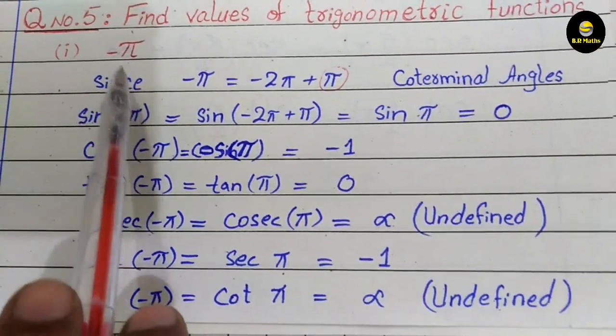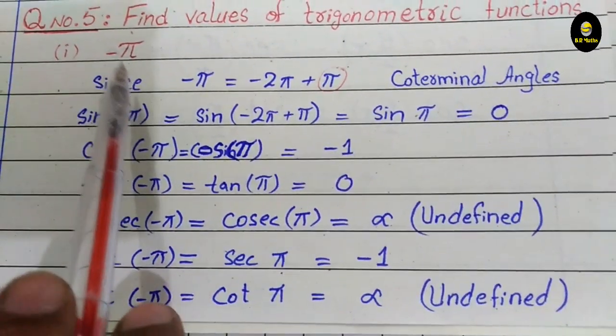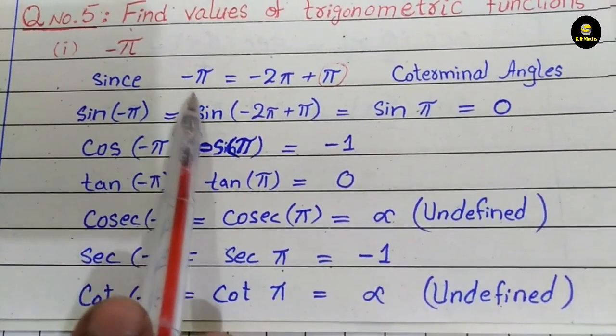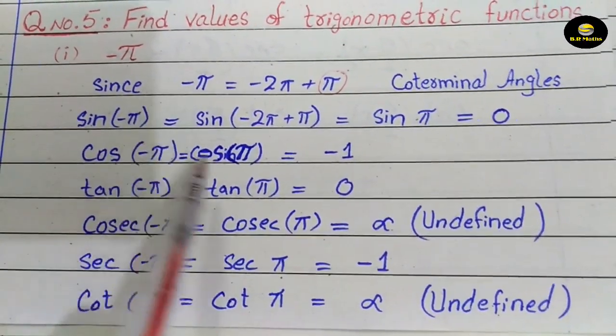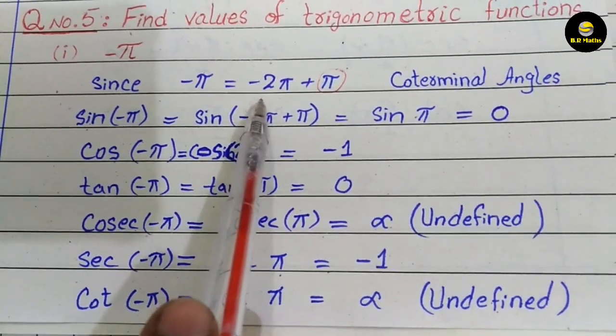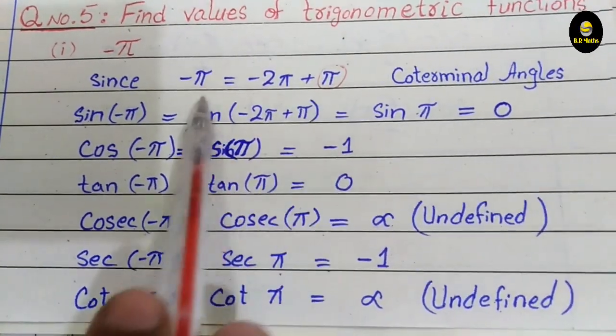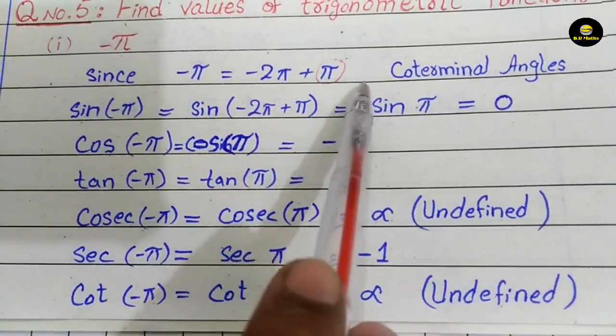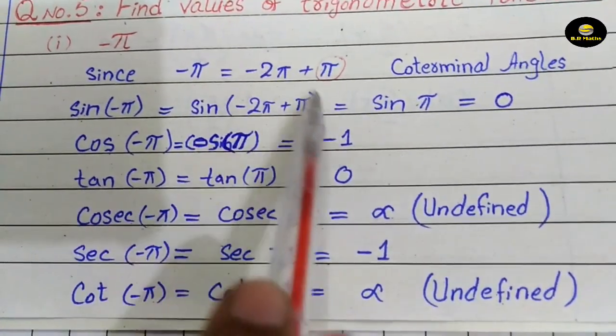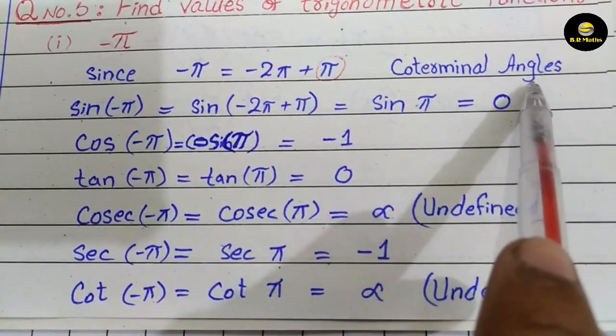So the first part, minus pi. Students, minus pi is equal to, because all angles are periodic, minus 2 pi plus pi. Minus pi can be written in this form, minus 2 pi plus pi. Both have the same value. Therefore, these are called coterminal angles.